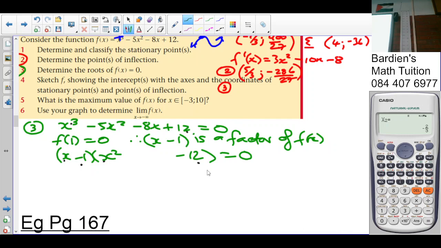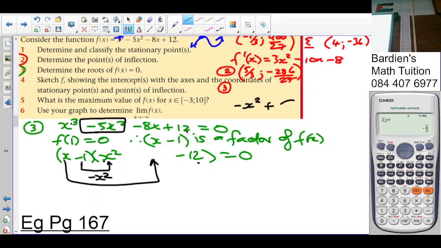So I must end off with negative 5x squared. The only way I'm going to get x squared is by multiplying negative 1, the constant, by x squared, which gives you negative x squared, and then x by an x gives you an x squared. The question you're asking yourself: what must be added to negative x squared to give us negative 5x squared? Negative 4x squared.